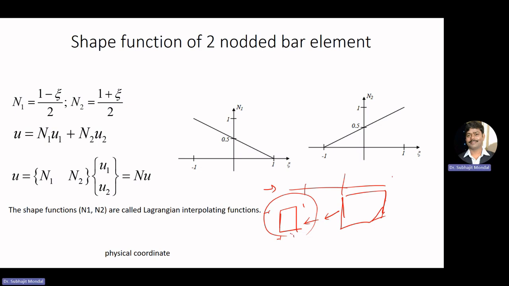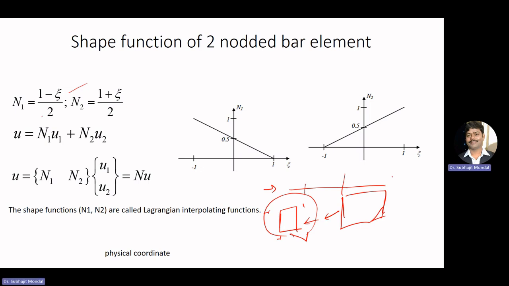In this way, you will also observe later on that it is very easy to remember and derive the shape function, and also very easy to get the stiffness matrix through some mathematical manipulations. So this is the reason why we use our natural coordinate system to derive the shape function.